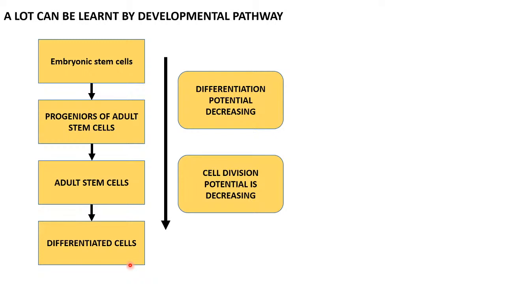So you are getting a new hair cell as well as you are maintaining the population of the adult stem cell, because if you cut your hair next time, the same thing can happen. Third time, same thing is happening. Fourth time, same thing is happening.